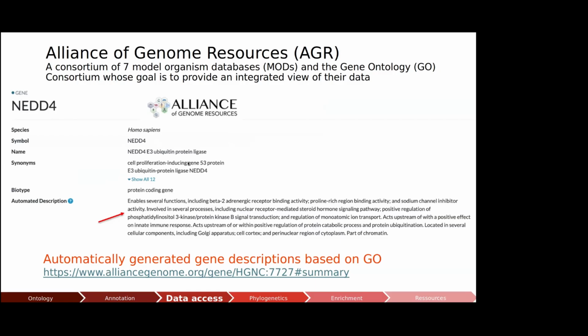And they also show a gene view, this time a bit differently, not the usual ribbon and list view, but they have automatically generated gene descriptions based on GO in the form of several sentences. And if you look closely, you can recognize the individual GO terms again.